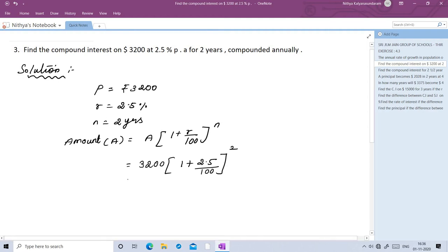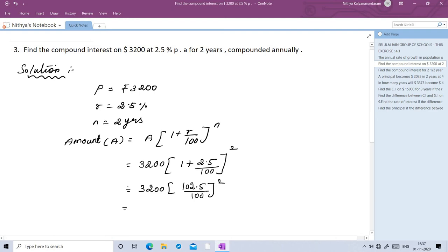After getting the amount, we want to find the compound interest. So 3,200, same, cross multiply: 1 into 100 is 100, 100 plus 2.5 is 102.5. 102.5 divided by 100 whole square.